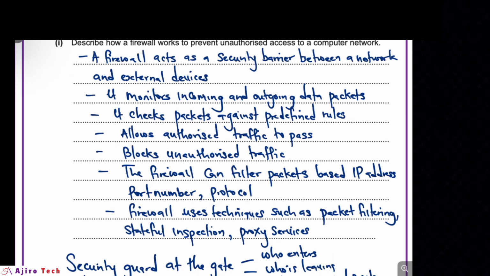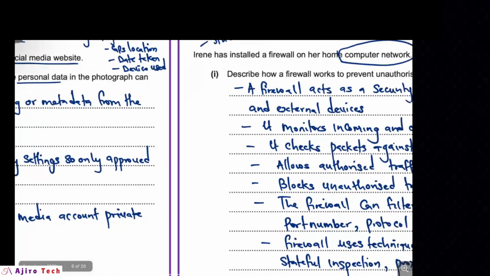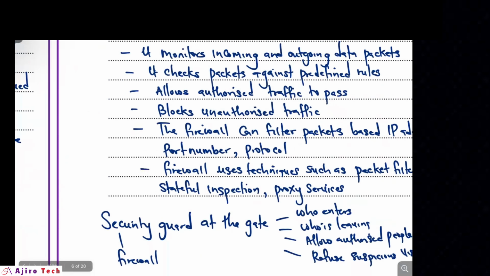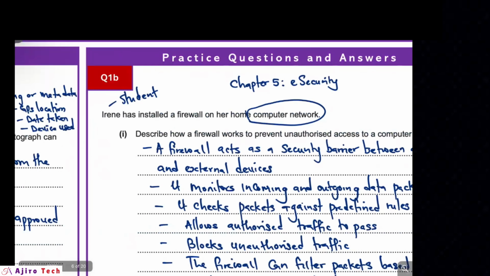So it can filter packets based on IP, ports, and protocols. If a website is not secure, you probably block it. So these are the things you need to know about a firewall. I hope this is clear.